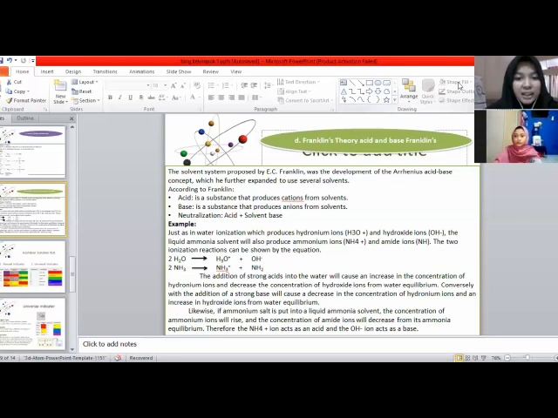Likewise, if ammonium salt is put into a liquid ammonia solvent, the concentration of ammonium ions will rise, and the concentration of amide ions will decrease from its ammonia equilibrium. Therefore, the ammonium ion acts as an acid and the amide ion acts as a base.